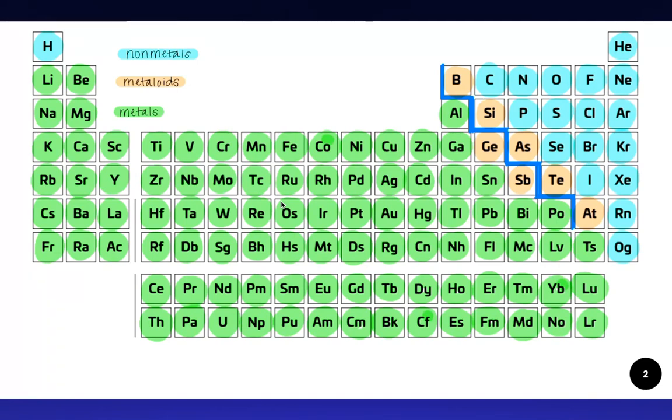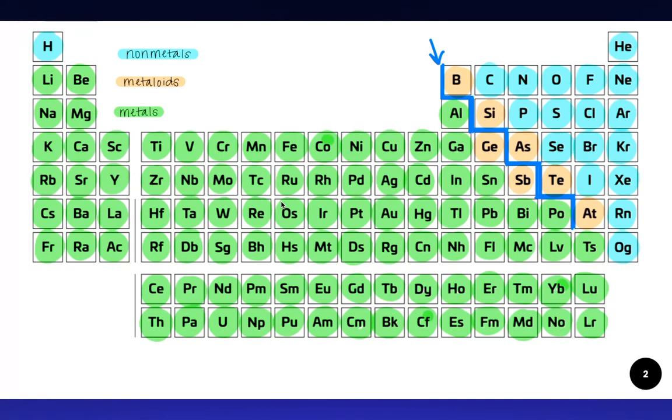So the three types of elements are nonmetals, metalloids, and metals. You can take that blank periodic table that we worked on last chapter, or you could print out a new one and just highlight this for yourself. This stair-step structure that I've drawn here is sort of the split between the nonmetals and the metals.